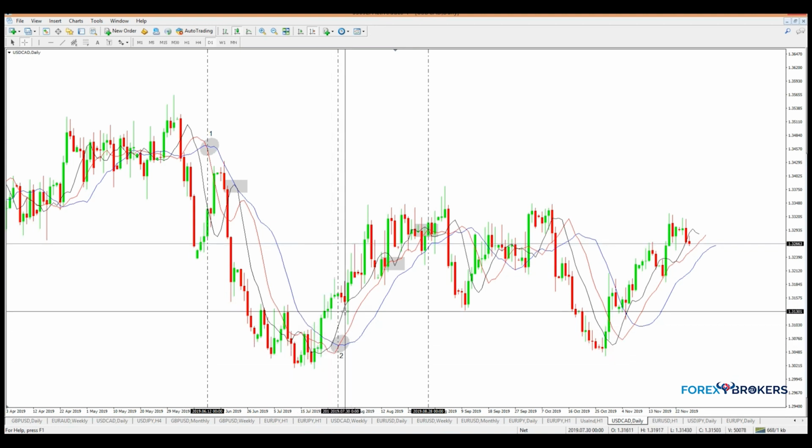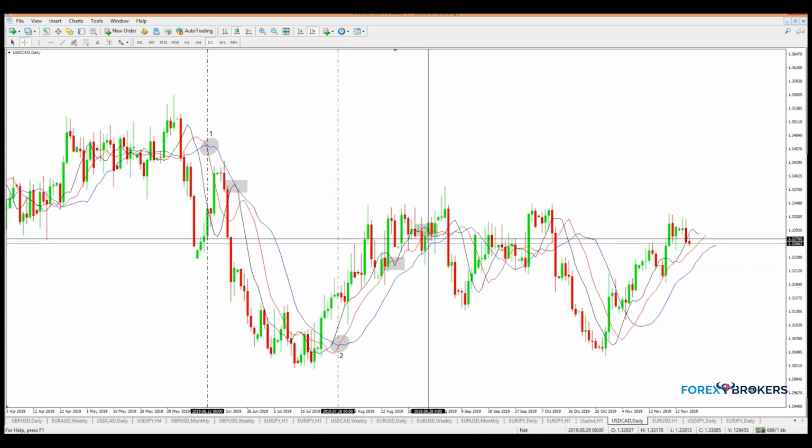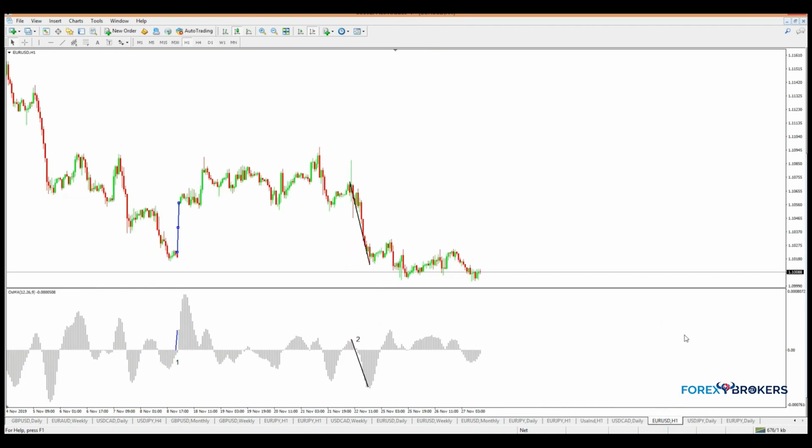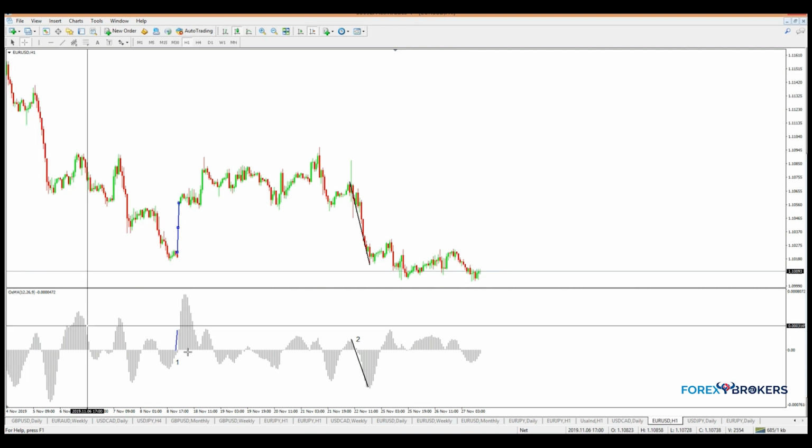And of course it reversed here. 1 time, 2 times, exit, it shows weakness on the trending market, and then the market corrected.